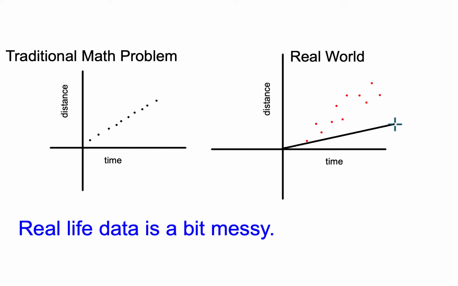The slowest one ends up being this first dot down here. But one thing for sure here is that as you spend more time walking or running, you do tend to cover more distance, pretty much no matter how fast.